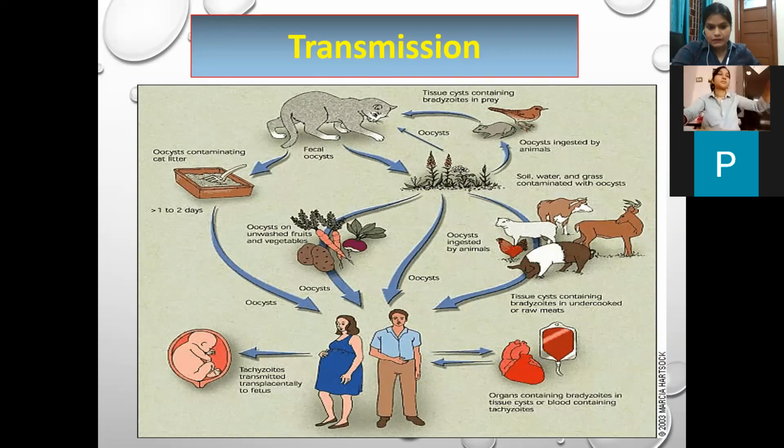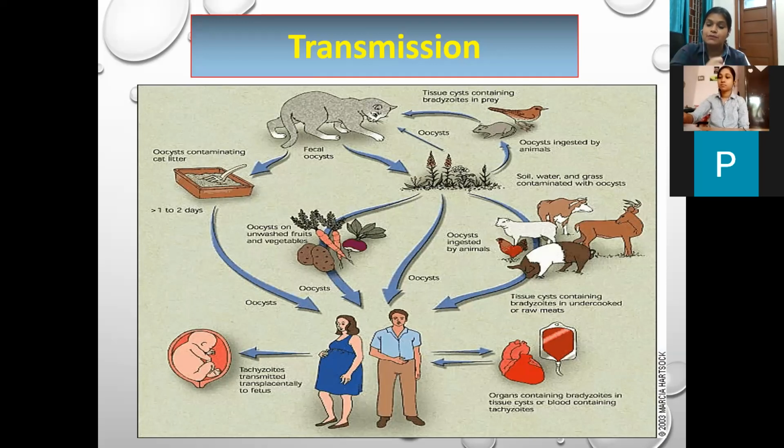Whenever the cat ingests a small rodent containing tissue cysts, the cysts are consumed, and in the intestine of the cat they penetrate the intestinal wall. The tissue cyst contains bradyzoites that multiply rapidly in the cat intestine by asexual reproduction, known as merogony, replicating in several generations.